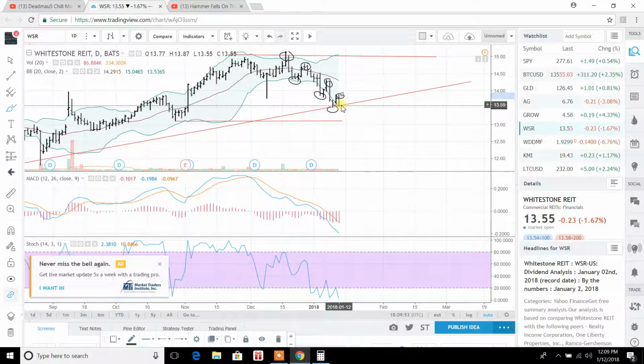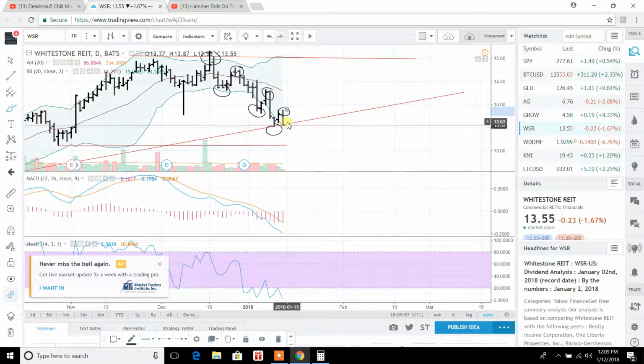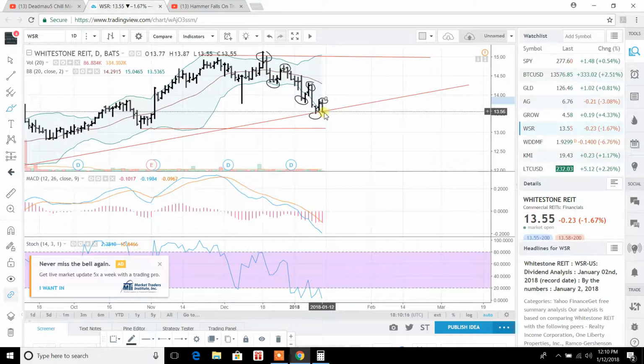Now you may want to wait though for confirmation that it's going to go back up. So you might want to wait a day or two to see if you get a strong upward move right here, and that would be the black bar, which indicates upward price action. So wait for the black bar, one that hits like 1405, maybe even 1422. And if you get one of those, go ahead and buy back in because you're going to go back up in price.